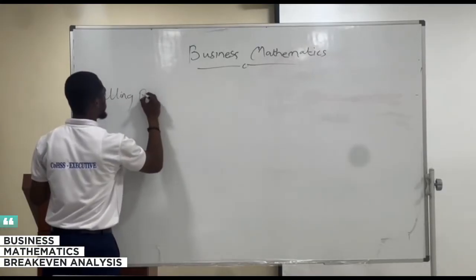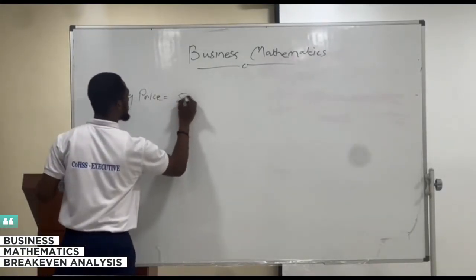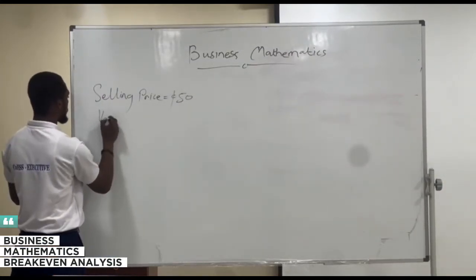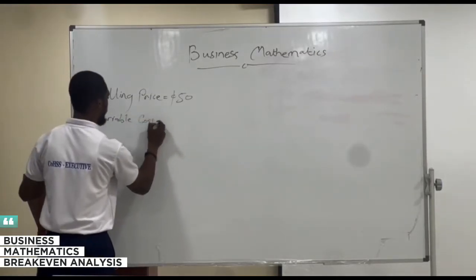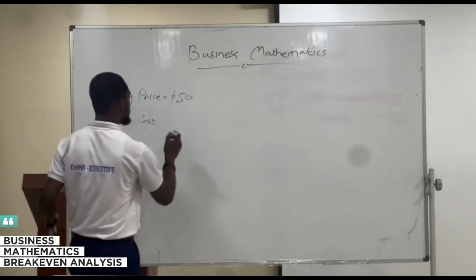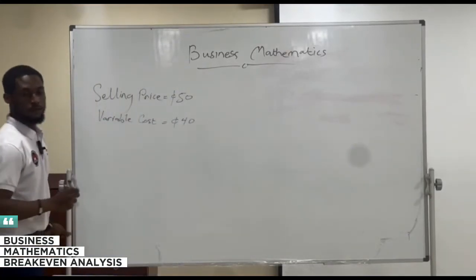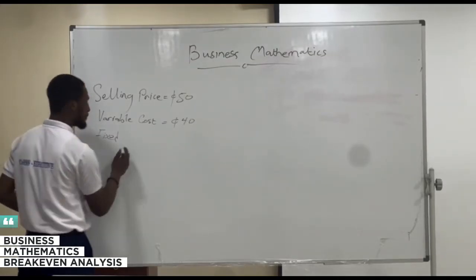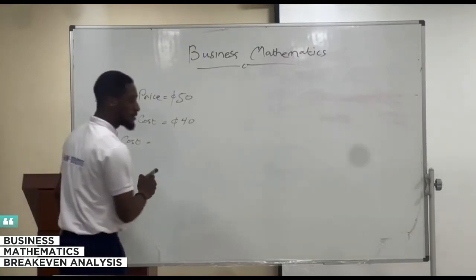Selling price, which is 50 cedis. Variable cost, which is 40 cedis. Fixed cost, which is 70,000 cedis.